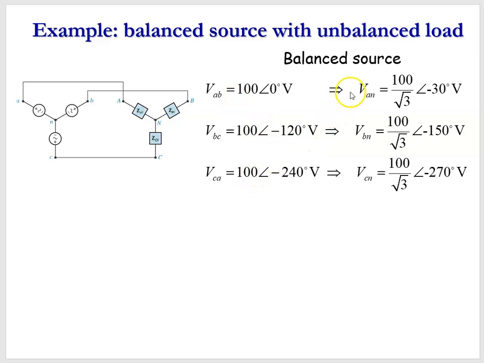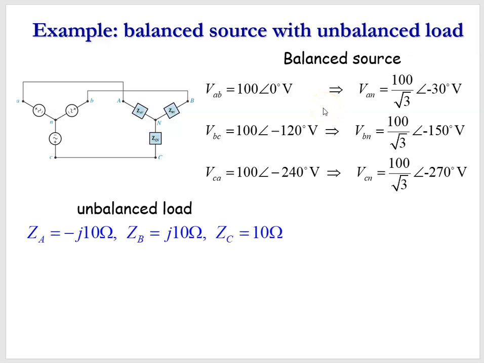We have the same relationship with the phase voltages at the source. That's going to be equal to the line voltage divided by square root of 3 angle 30 degrees, or divided by square root of 3 and then phase shifted by negative 30 degrees. So our phase voltages lag our line voltages by the 30 degrees still. That's still the same even though there's an unbalanced load.